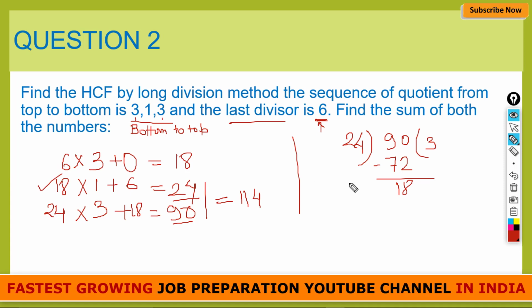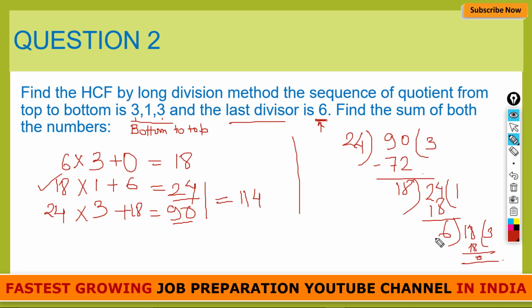As expected we get 18, and the divisor will be 18 and the dividend will be 24. So 18 goes 1 time, 18. This gives you remainder 6 and the divisor is 18. So 6 times 3 is 18 and it gives 0. See, this is our HCF as told in the question. So we have solved this question in two different methods and showed you the back calculation to check your answer.